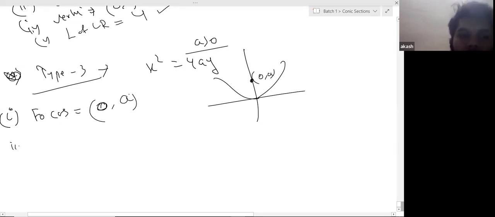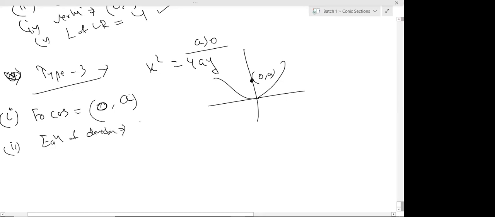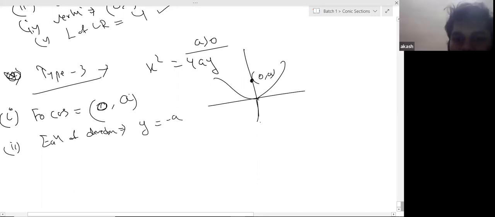All right. Equation of directrix is y is equal to minus a. Draw it in the diagram. See, this will be the directrix, perpendicular to the y-axis. That means y equals to something, so y equals to minus a.